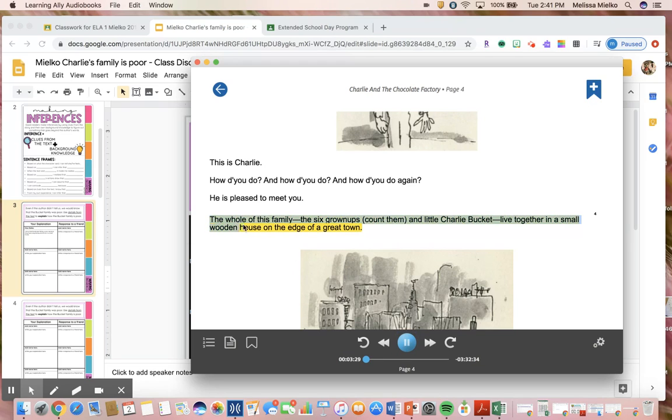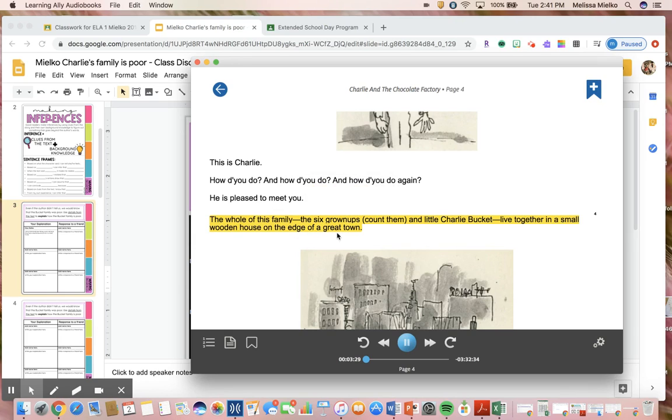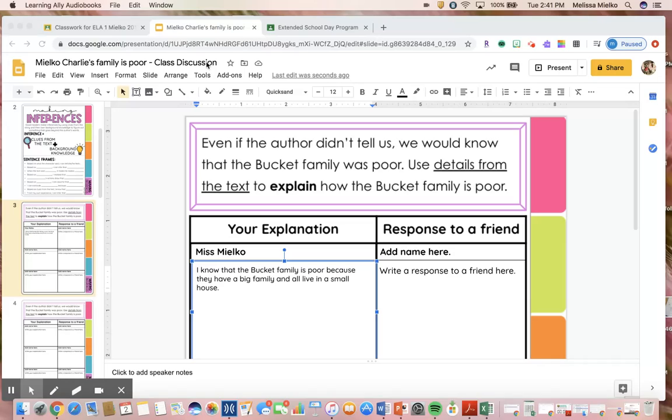It says the whole of this family, the 6 grown-ups, count them, and little Charlie Bucket, live together in a small wooden house on the edge of a great town. I'm choosing that because that goes with my answer of they have a big family and they all live in one house.